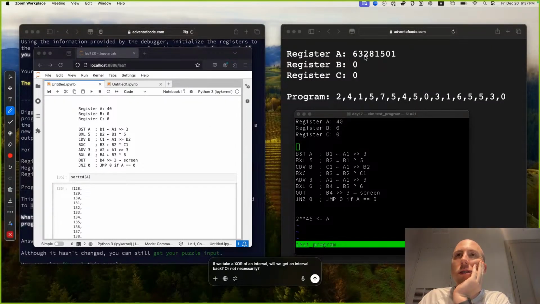So 0, 0, 0 would go to 101, so this is 0, and we get a plus 5 here. Then 0, 0, 1 goes to 1, 0, 0. So we went from 1 to 4, so we did a plus 3.